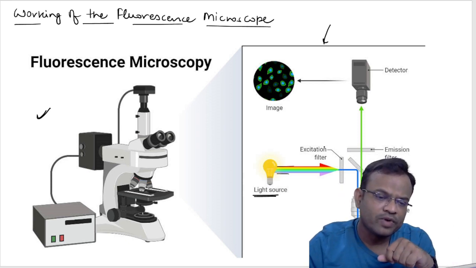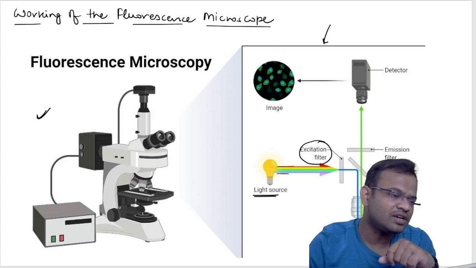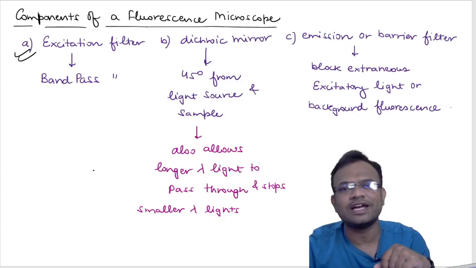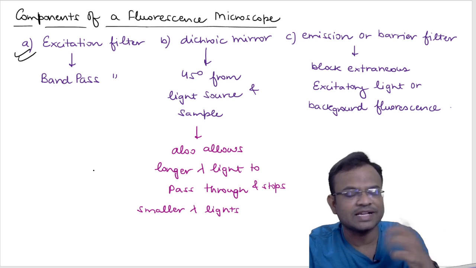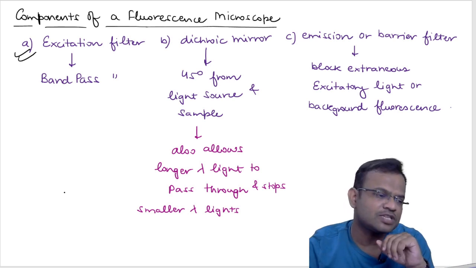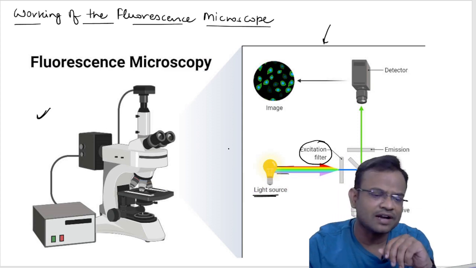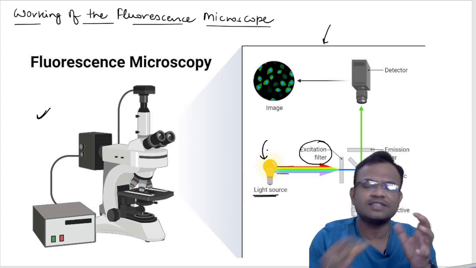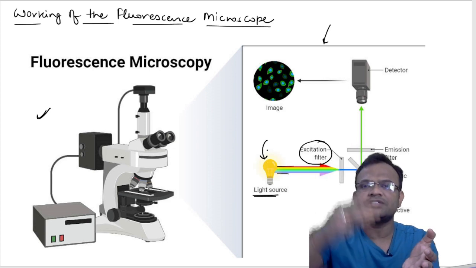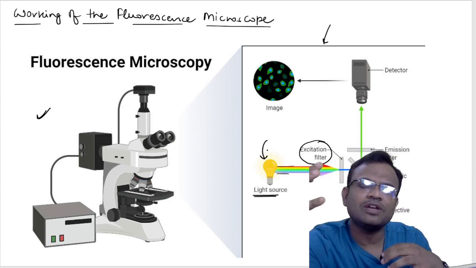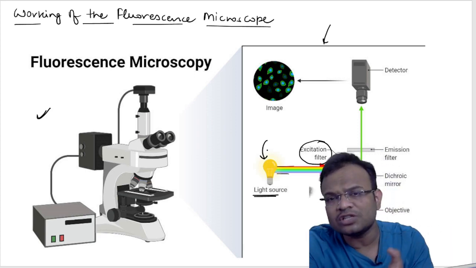Now over here you can see the excitation filter. This is what we were talking about a little while ago, and this is also called band pass filter. Now what is the function of excitation filter? Understand that this particular light source has multiple wavelengths of light, but do we require all those wavelengths?